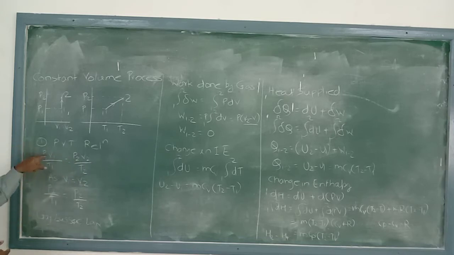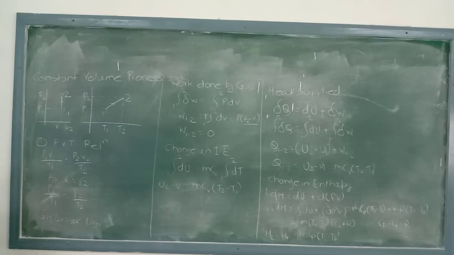Now in this equation, as we are saying, the volume is constant, so V1 is equal to V2. So the equation modifies to P1 upon T1 equal to P2 upon T2. That's why I have written P1 upon T1 equal to P2 upon T2, and this relation gives the pressure and the temperature relation.